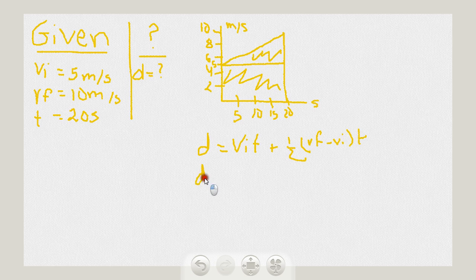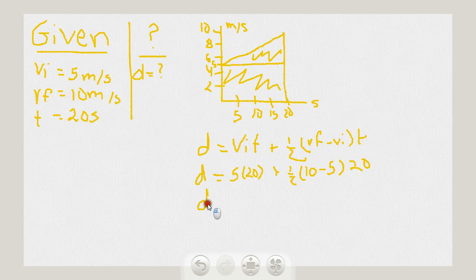So the distance is equal to initial velocity, so 5, multiplied by the time, plus a half of the final velocity minus initial velocity, and that is multiplied by the time.